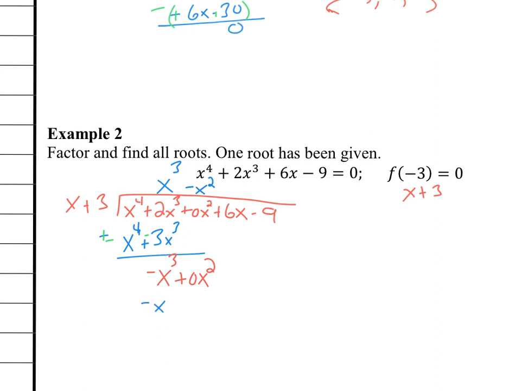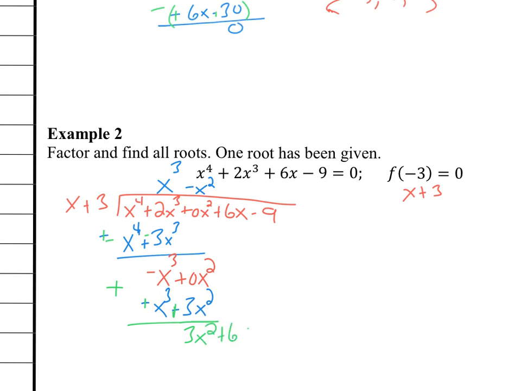That's going to give us negative x cubed. And then negative x squared times the positive 3 is going to give us minus 3x squared. Again, we don't like subtraction, so we add the opposite. All the signs cancel, and we end up with 0 plus 3x squared is 3x squared.